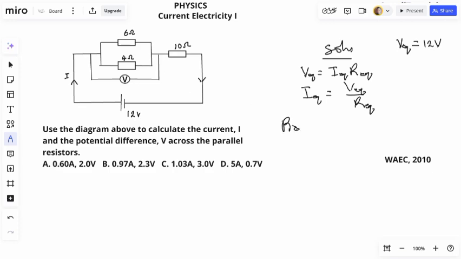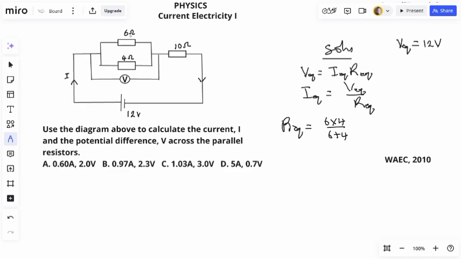So R equivalent, which means total resistance, will be, you see these two resistors, they are in parallel. So for two resistors in parallel, that will be 6 times 4 divided by 6 plus 4.